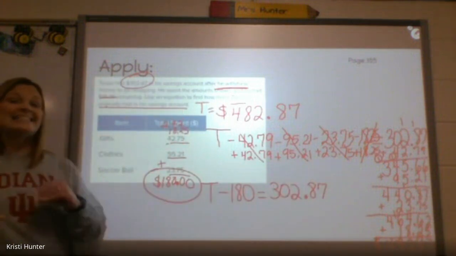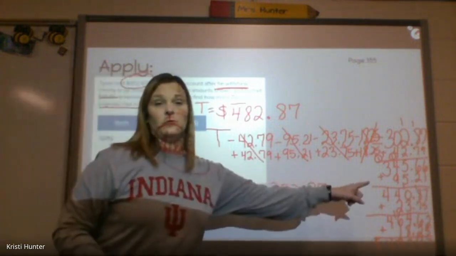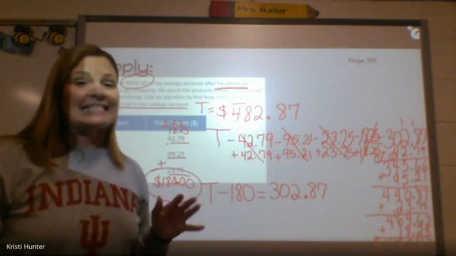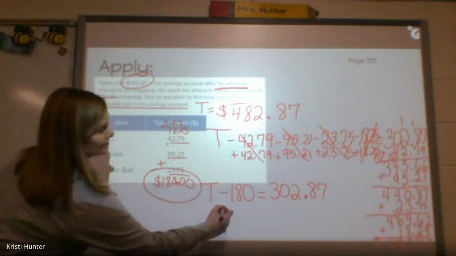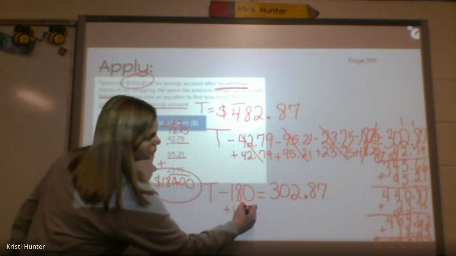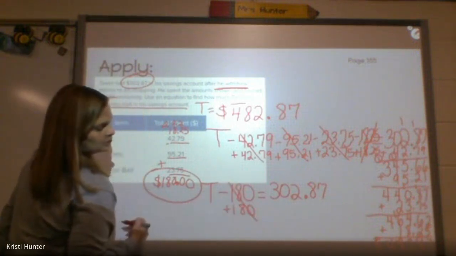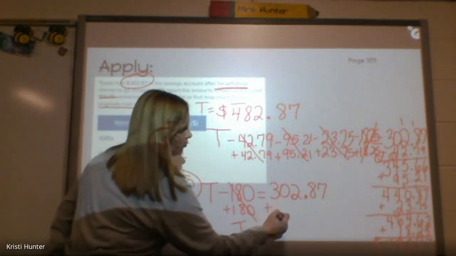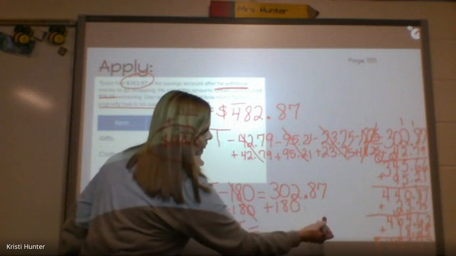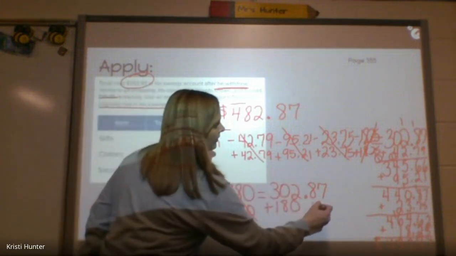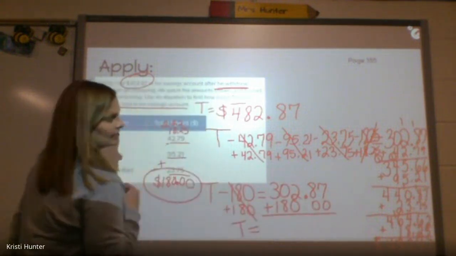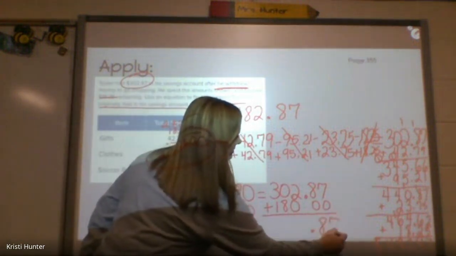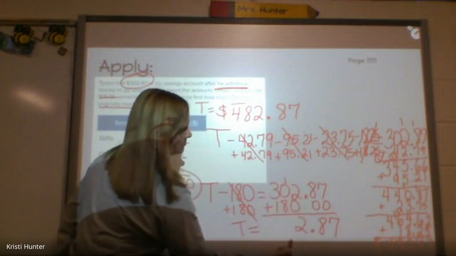Which meant instead of adding each of those over and making that really long subtraction problem, instead, all I had to do is add these two parts together. So I got rid of the 180 to figure out what $302.87 plus 180 is. All right. So I add those back up.